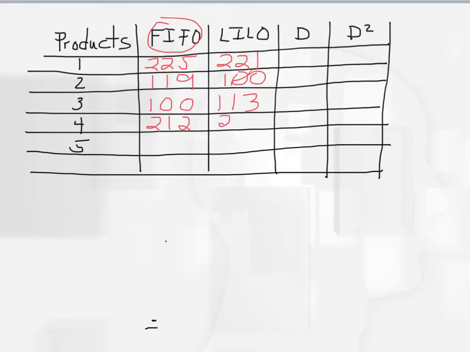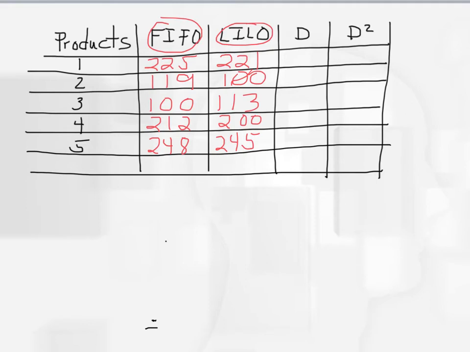Under another method, $200 million. And finally, for the 5th product, under one method, it was $248 million. And under the other last in, last out method, $245 million. And then our question is, were there any differences in the costs depending on whether you're using a first in, first out or a last in, last out method?